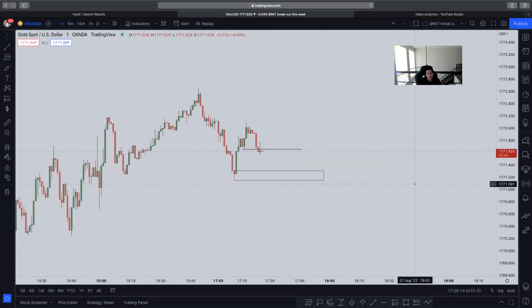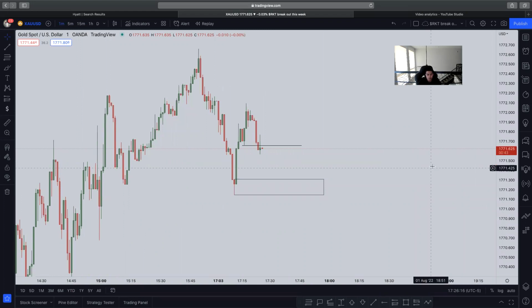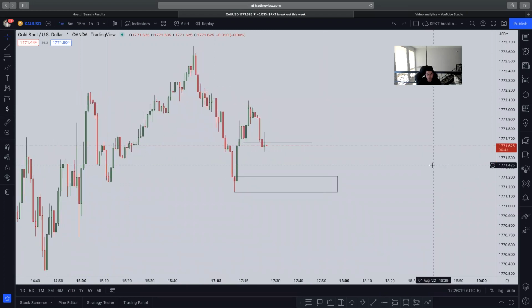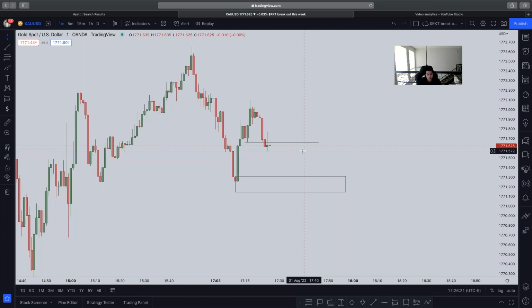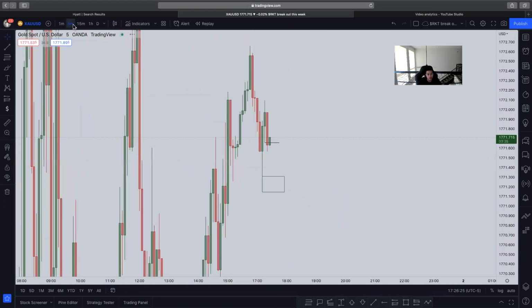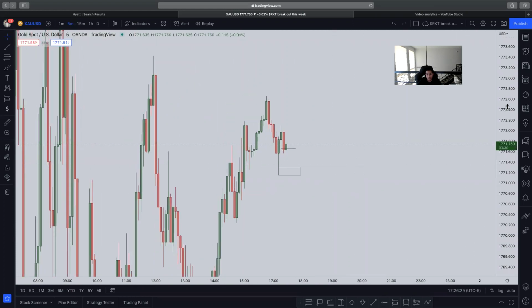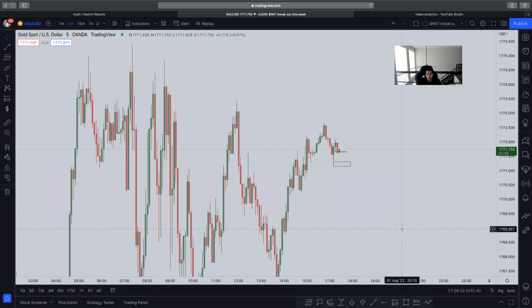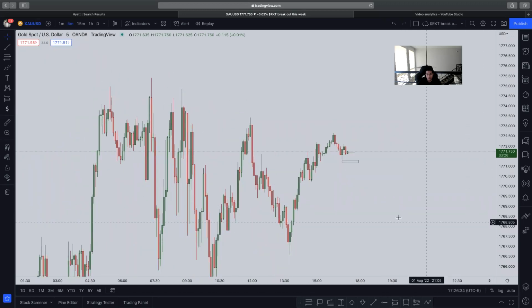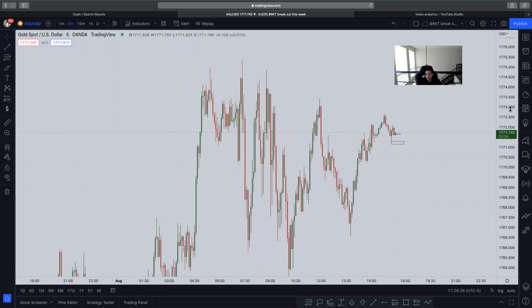Price was just being stagnant for a second. Actually, we probably could catch some sells down to here, but let's switch to a 5 minute time frame before even taking a position, because you have to look at all time frames.